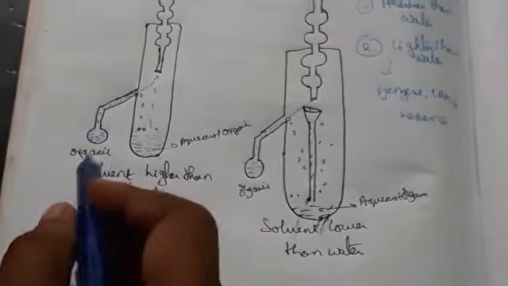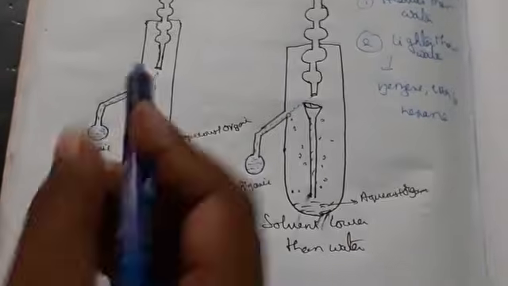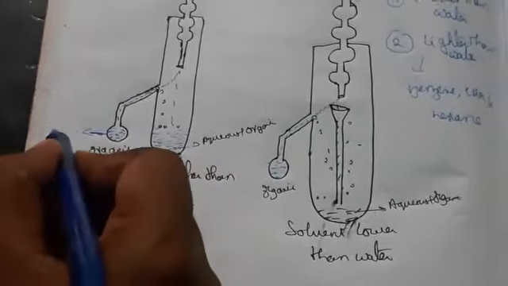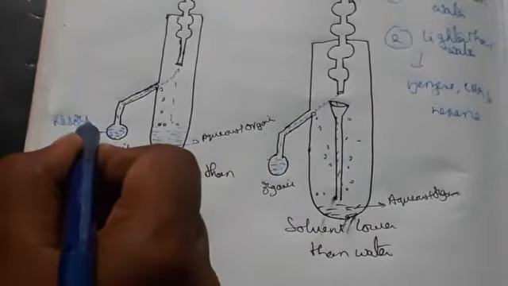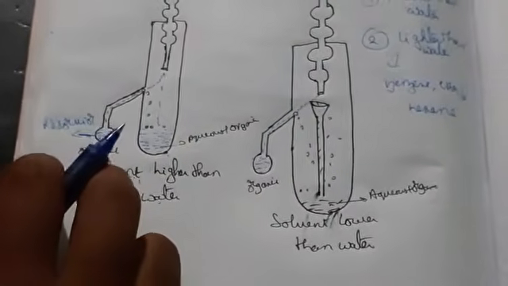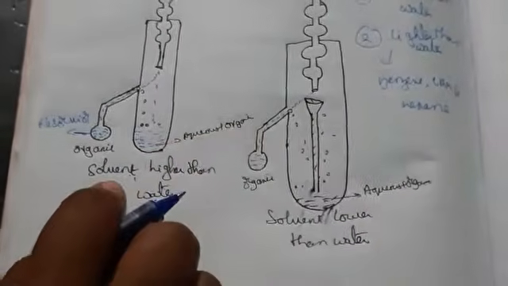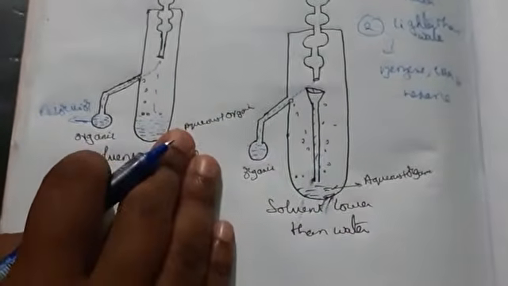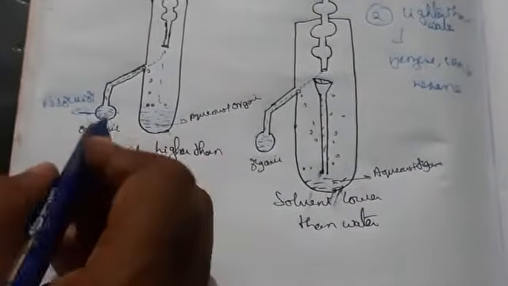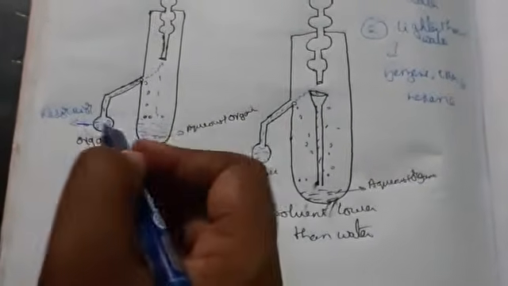Now what happens here, we are taking the organic solvent. I have taken the organic compound in the reservoir. So this is a reservoir. It consists of the organic compound, plus the aqueous compound here. Now when you are heating this organic compound, it produces vapors.